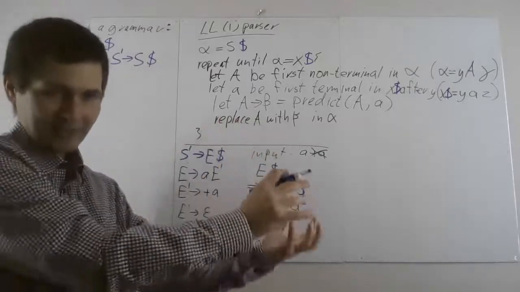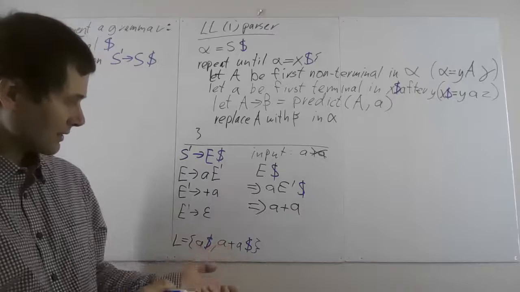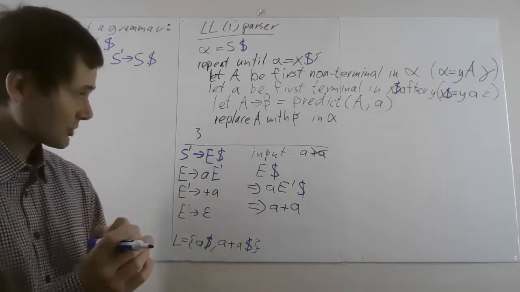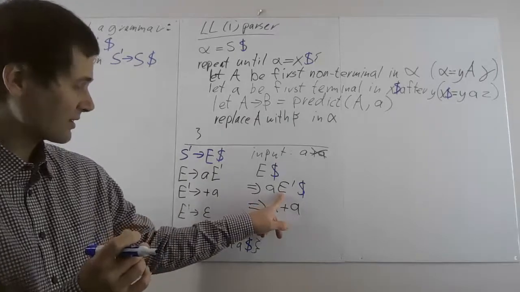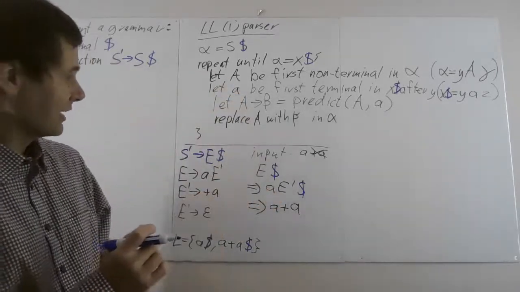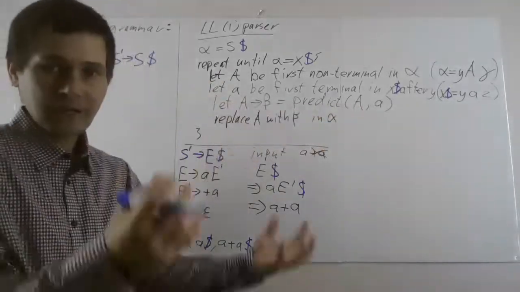In the A plus A case, the A was plus. In the case where the input is just A, the A in the algorithm is $. And so I can call predict with E prime and $.